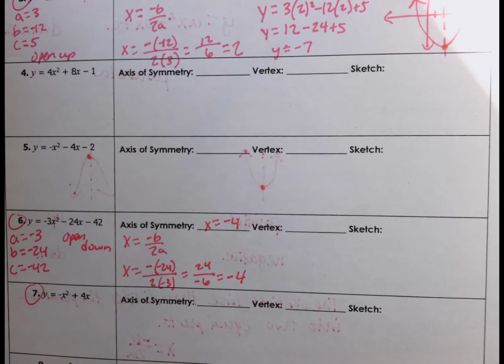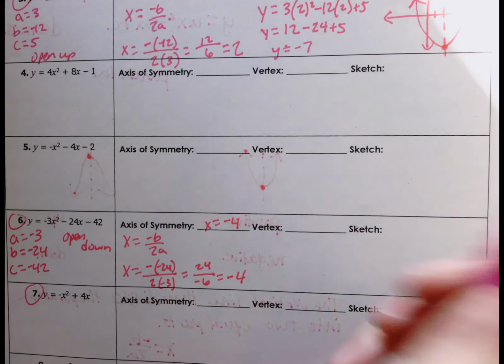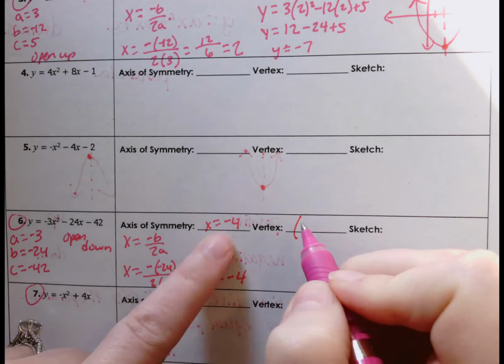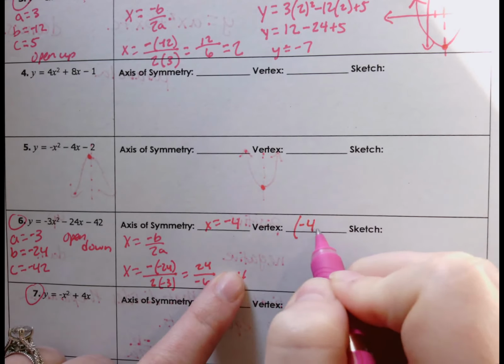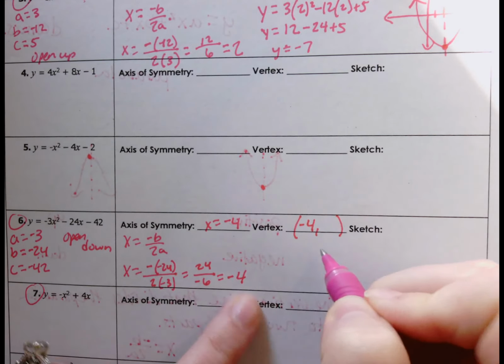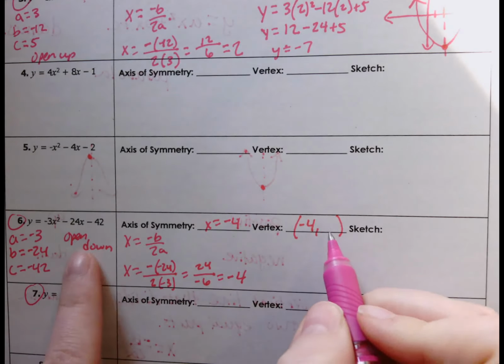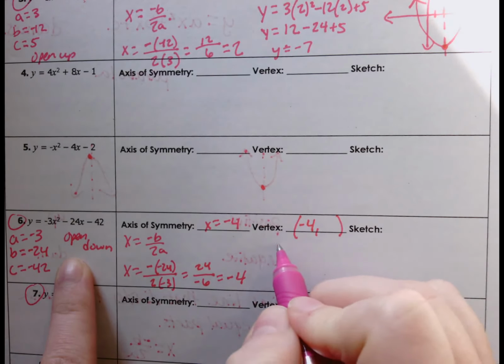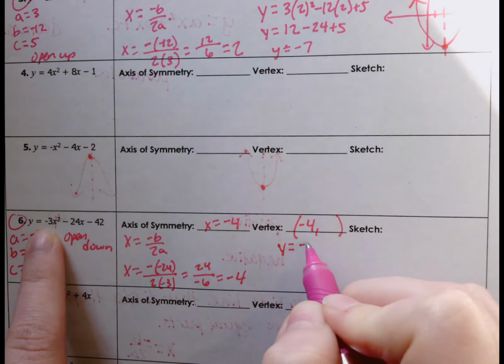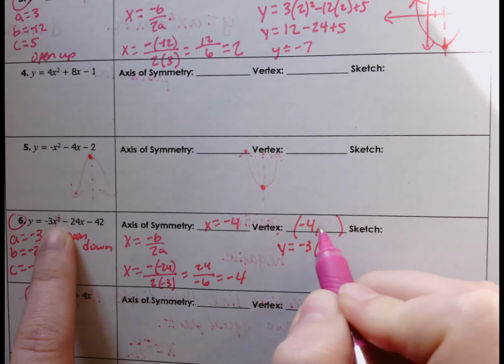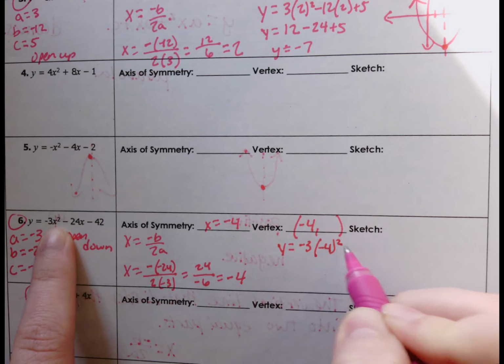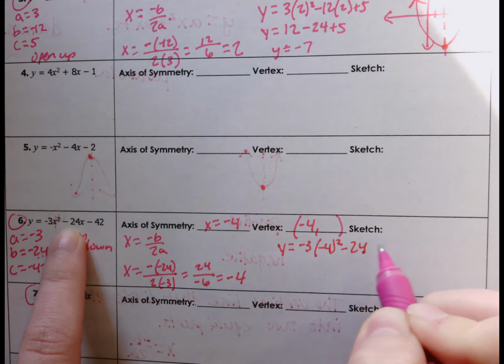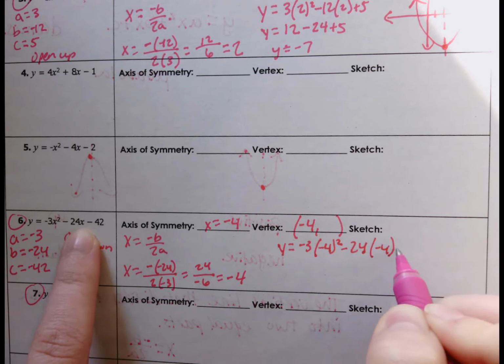Now, with vertex, we're going to take that. We know that the x value has to be on the axis of symmetry, so it's going to be negative 4. Now we need to find our y value here. So we're going to plug it in. So y is equal to negative 3 times negative 4 squared minus 24 times negative 4 minus 42.